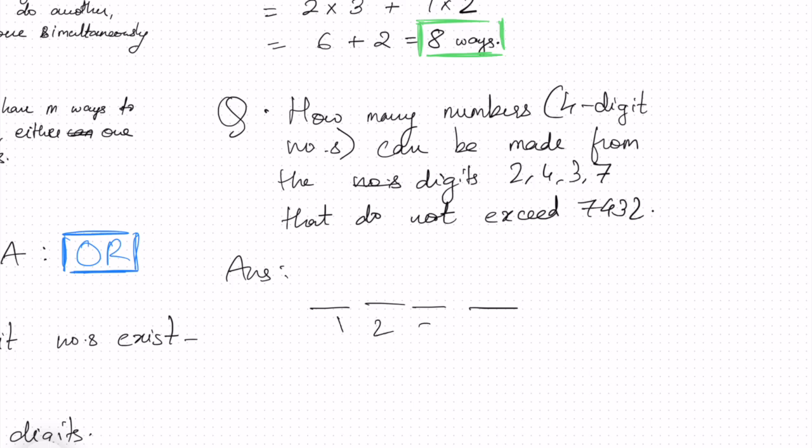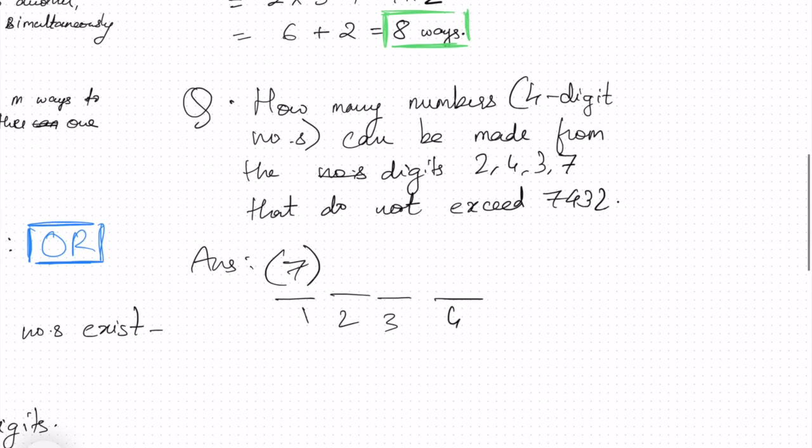Now 4 digits, so 1, 2, 3, 4, right? The number must not exceed 7432. So let's try to see individual possibilities of how the number can be made. The first case is if the thousands digit is occupied by the number 7. Now if the thousands digit is occupied by 7, this could possibly put a restriction on what the other digits could be, right?